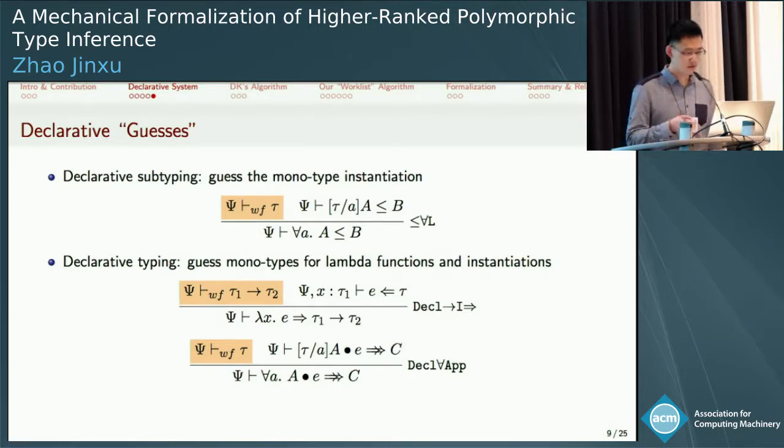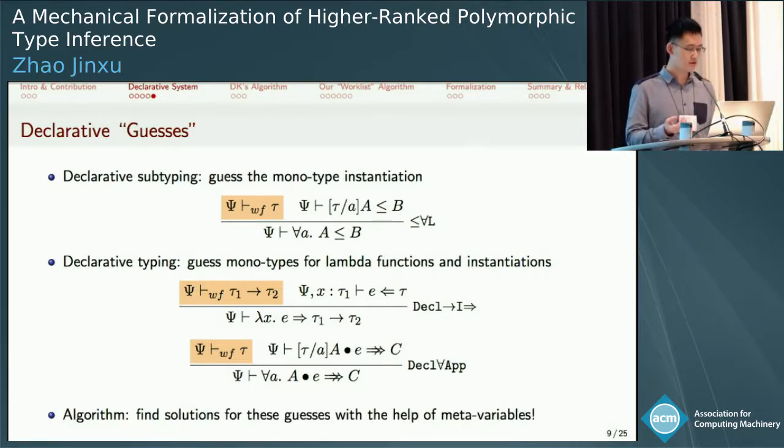And also if you want to apply polymorphic functions to an argument, you must first instantiate. But we restrict the instantiation to be monotypes. All right. So that's why we need an algorithm, because we cannot simply guess it from nowhere. So we need to find solutions with the help of meta variables.